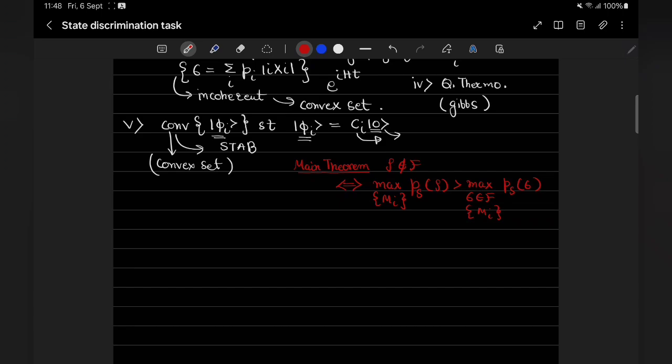So the main theorem is that rho does not belong to this if and only if. I have not written it completely, so let me erase this part.